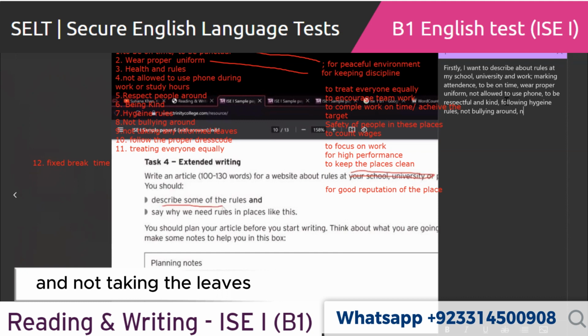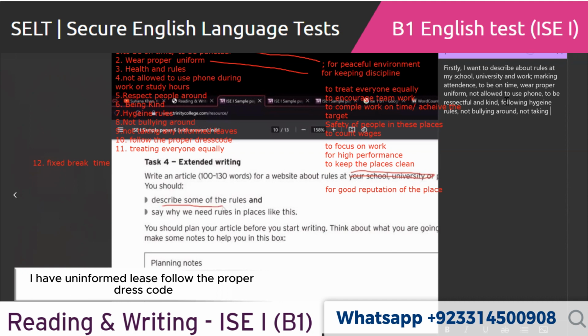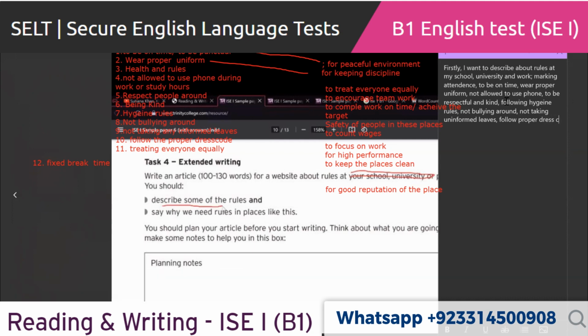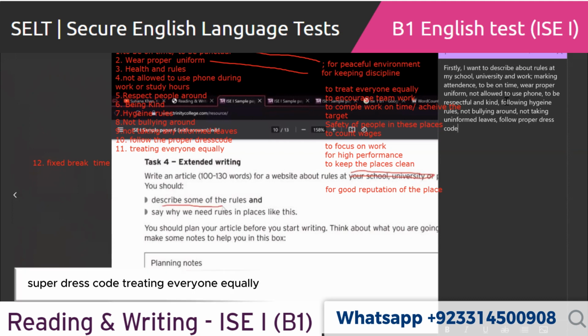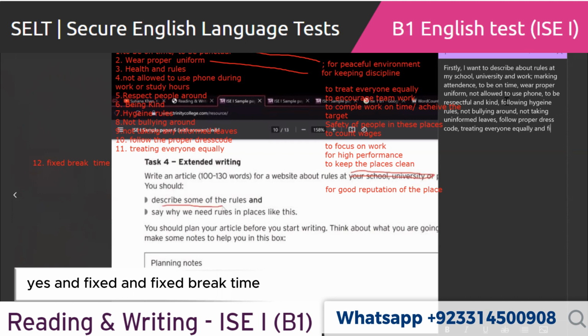Follow the proper dress code. Treating everyone equally, and fixed break times.